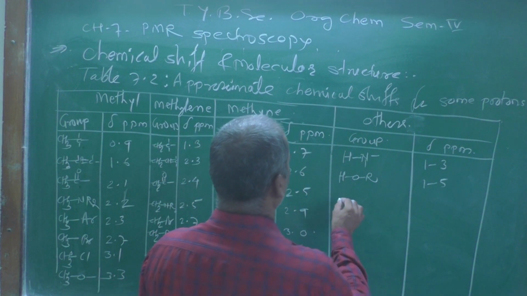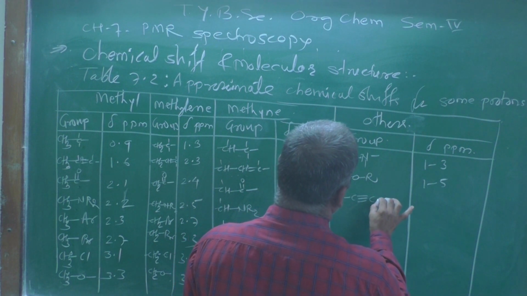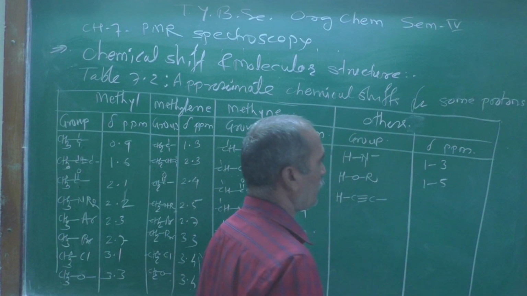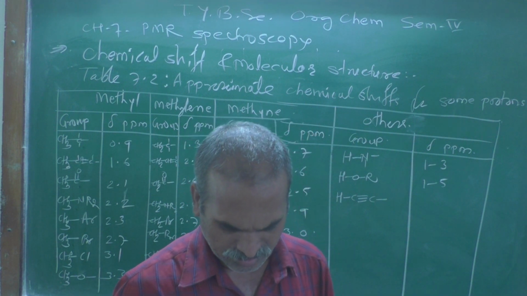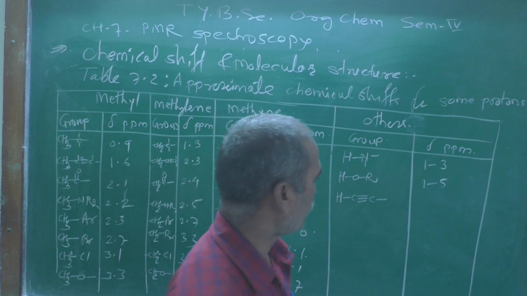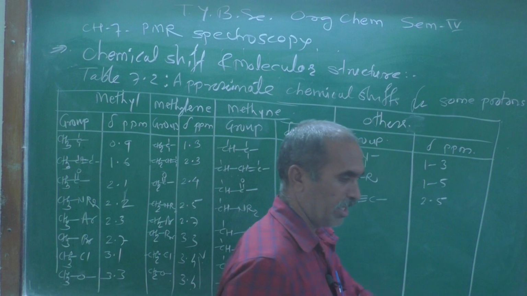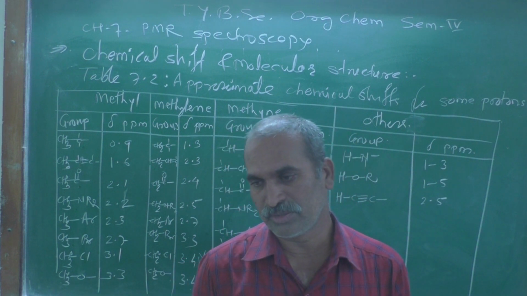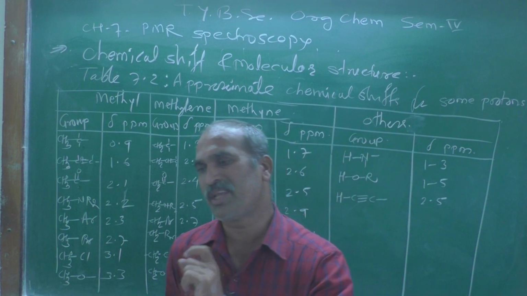When there is an acetylenic proton, H C triple bond C, the acetylenic proton is found to be acidic and the value is nearly 2.5. Again it is shielded compared to the olefinic proton.